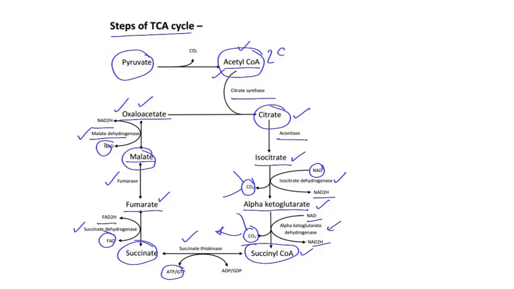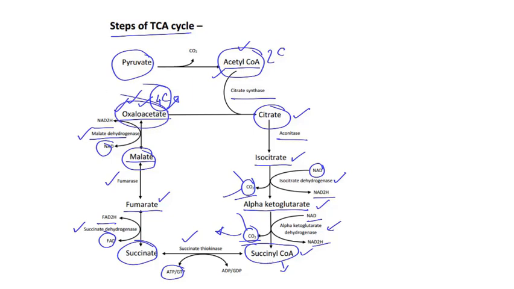After the removal of two carbon dioxide molecules, we find 4-carbon succinyl-CoA. Here, oxaloacetate is also a 4-carbon molecule. So, through the successive steps, succinyl-CoA produces oxaloacetate, which is a 4-carbon molecule.